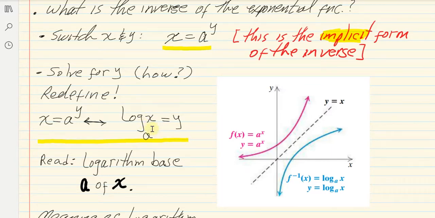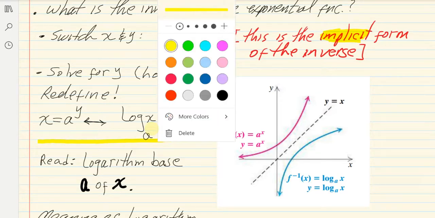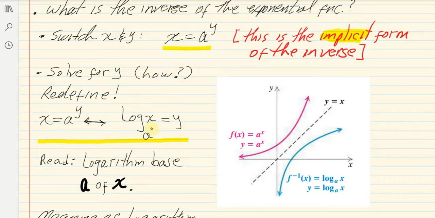Now, something interesting that we note is the following. If you recall, this is the graph of a to the x. We also mentioned in section 12.1 that the graph of every function and its inverse is symmetric with respect to the line y equals x, and that's this line.